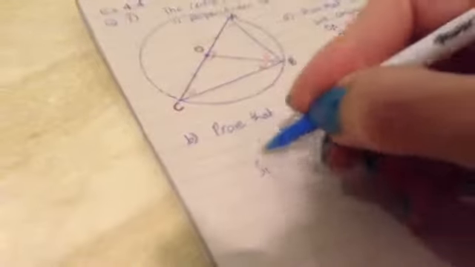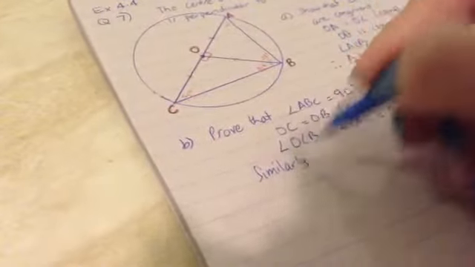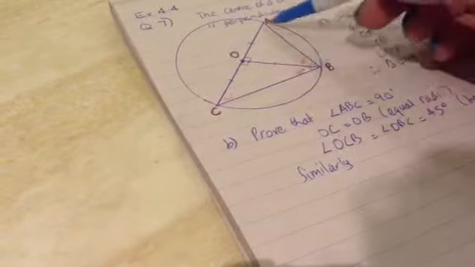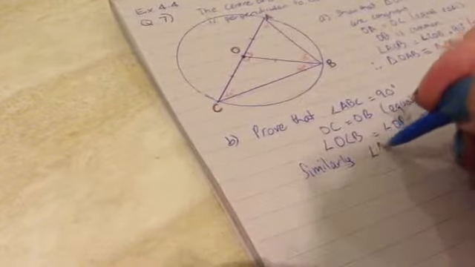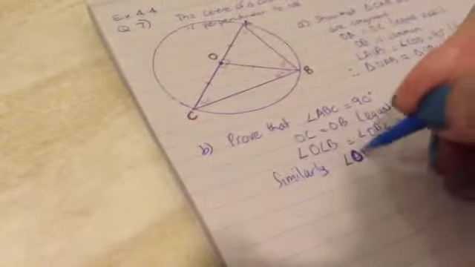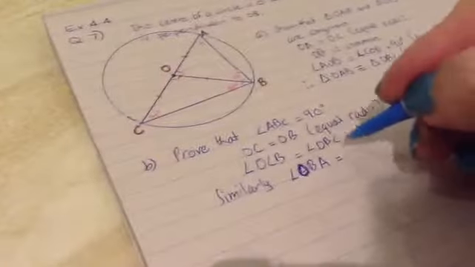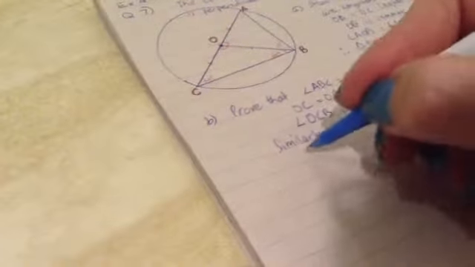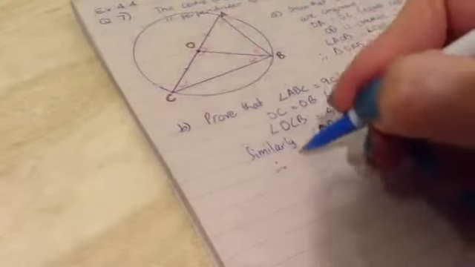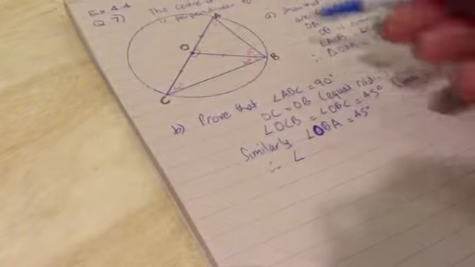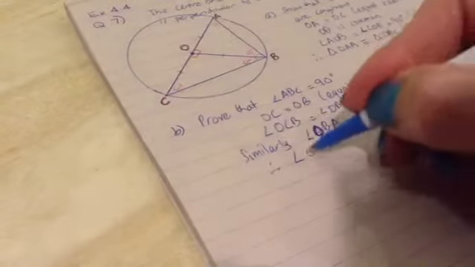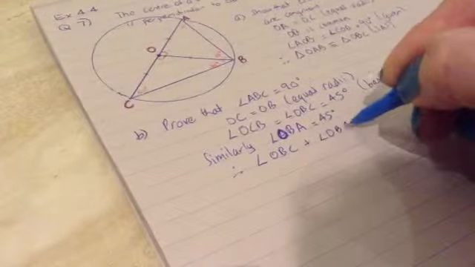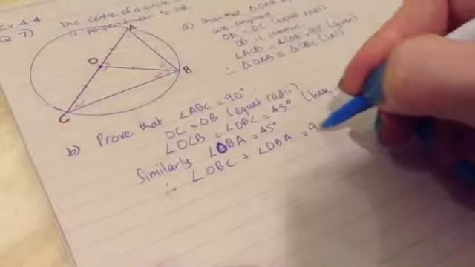Similarly, you can write that angle OBA is equal to 45 degrees as well. And therefore angle OBC plus angle OBA is equal to 90 degrees.